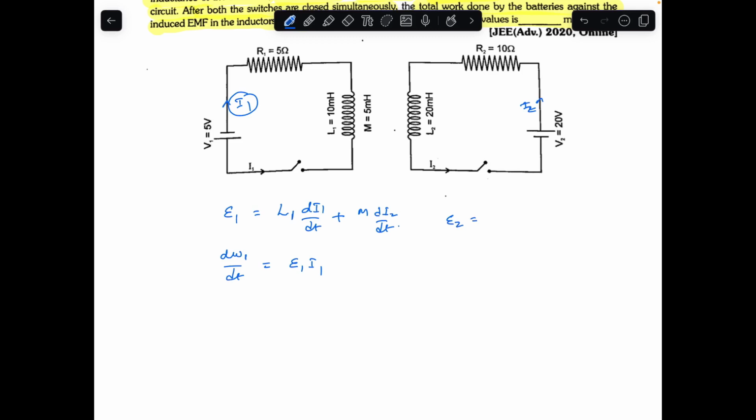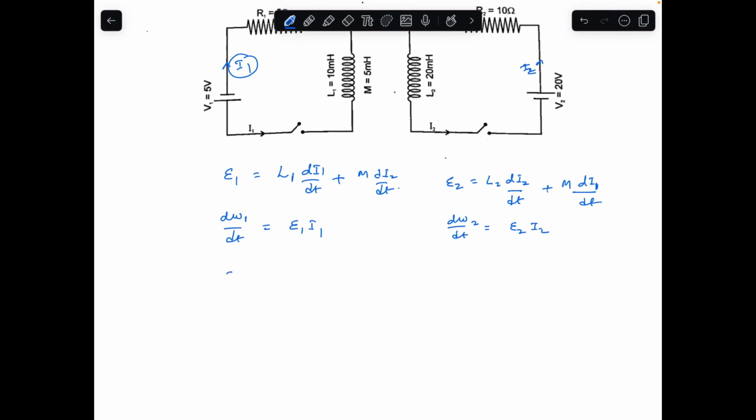Similarly, what is E2? A little complex question this is, okay. First time you are hearing, so it will look a little complex. L2 dI2 by dt plus mutual inductance, that will be proportional to dI1 by dt. So what is dW by dt? dW2, work done in circuit 2 by the battery, E2 I2.